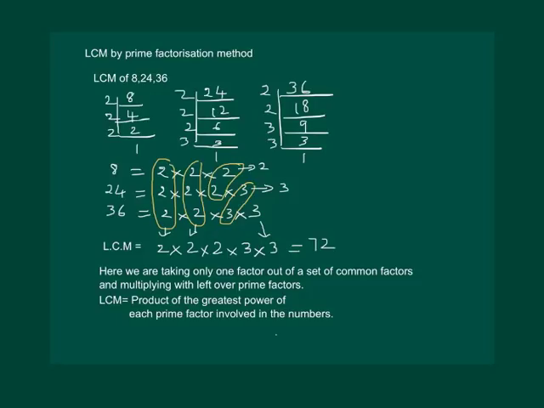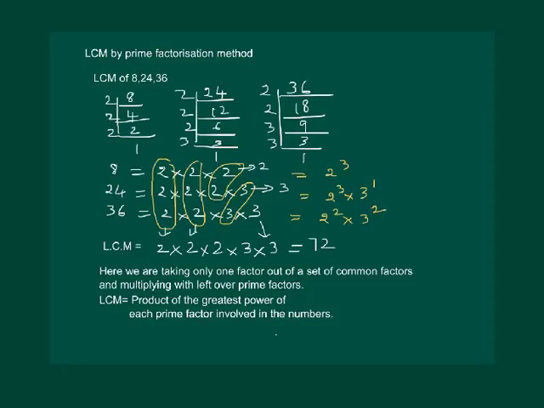We can write 8 as 2 cube, 24 as 2 cube into 3 power 1 and 36 as 2 square into 3 square. Now the prime factors involved in these three numbers are 2 and 3. We have to take the product of the greatest power of each prime factor.